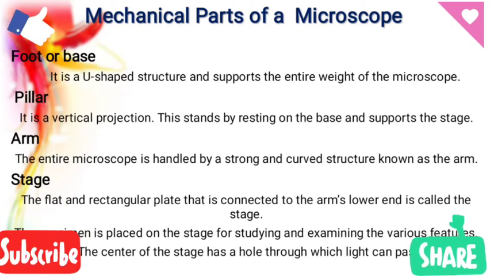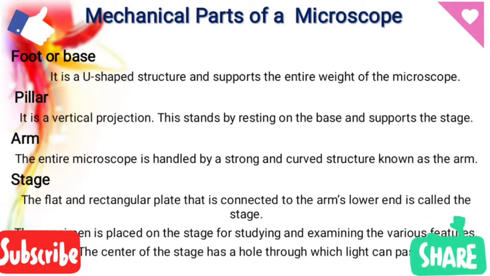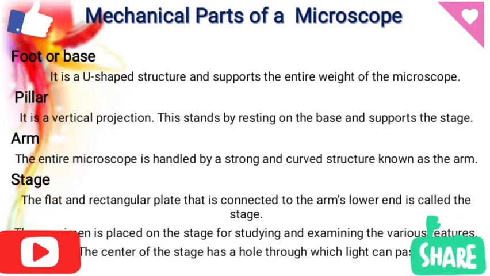Let's begin with the base, which can be U-shaped or rectangular, which carries the entire weight of the microscope. Then we have the pillar. Those are vertical projections that carry the microscope weight from the arm to the base. It only helps to carry the weight from the arm to the base of the microscope.